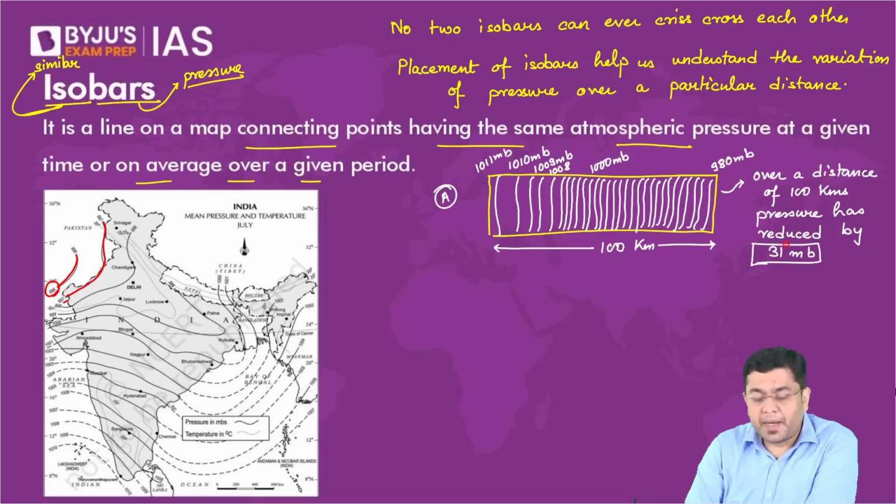I got that 31 millibar by subtracting 980 from 1011. So over a distance of 100 kilometers, the pressure has reduced by 31 millibars.